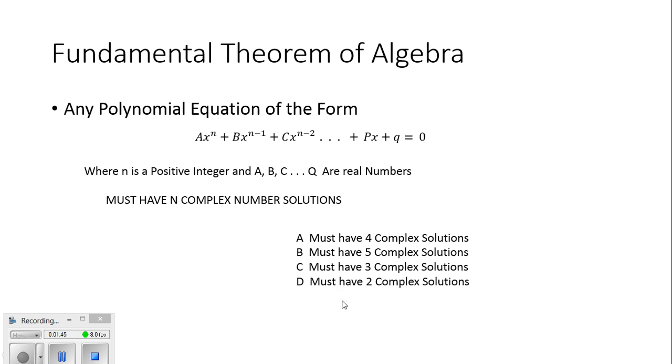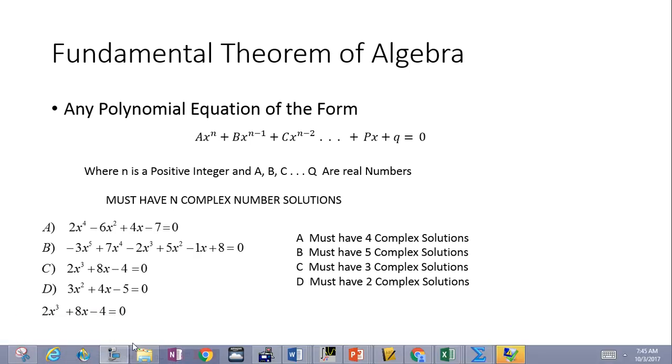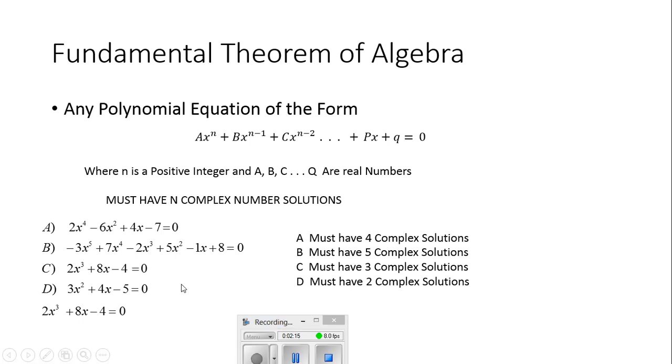A third power polynomial, known as a cubic, would have exactly 3 complex solutions. And a quadratic, a second power, would have exactly 2 complex solutions. And we'll find that either they are imaginary or real for this quadratic. These are just examples of the expressions, okay?